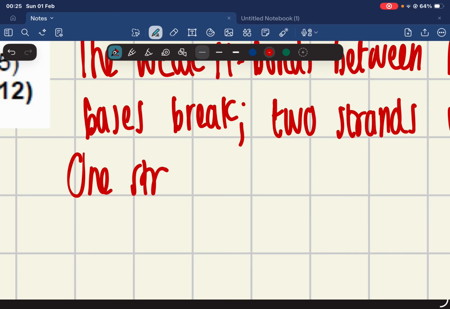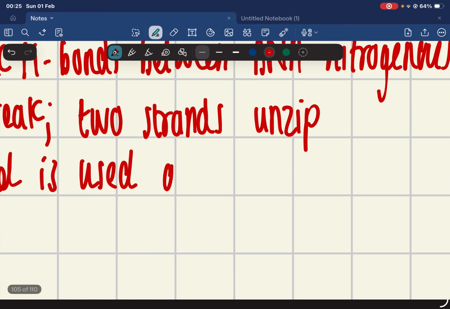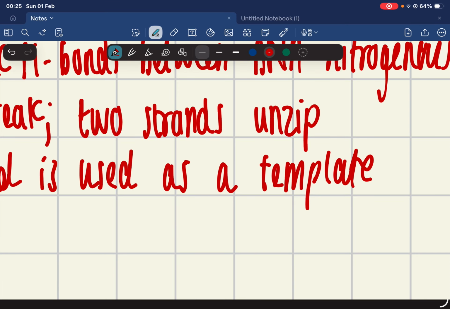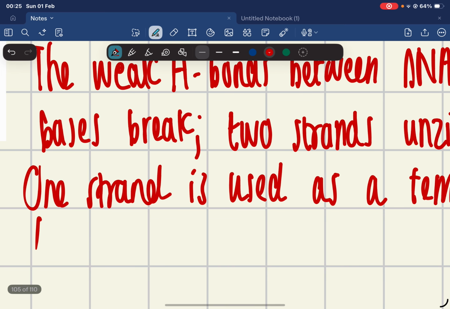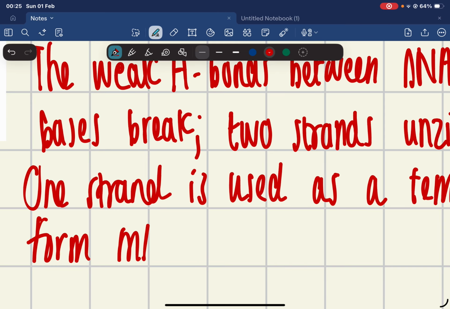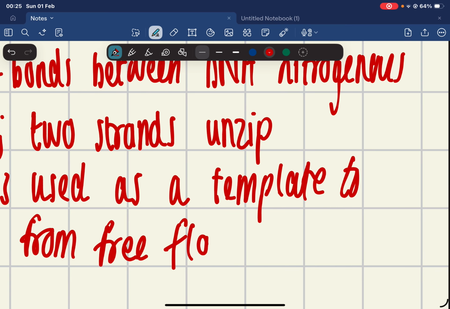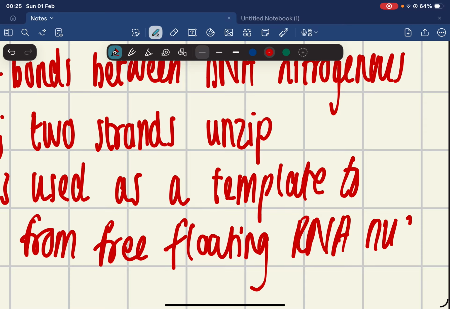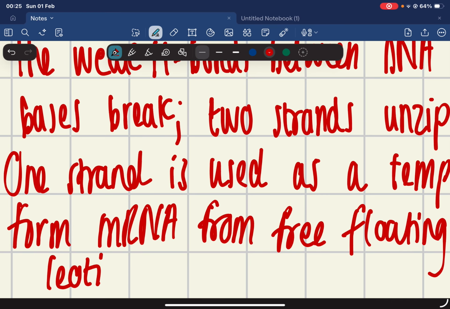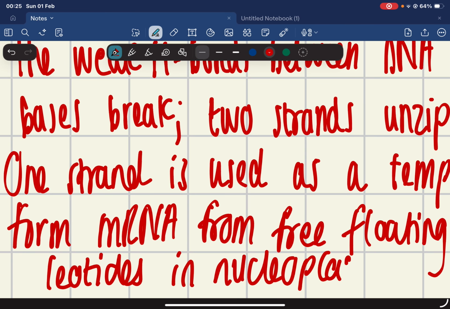One strand is used as a template to form mRNA from free floating RNA nucleotides in the nucleoplasm.